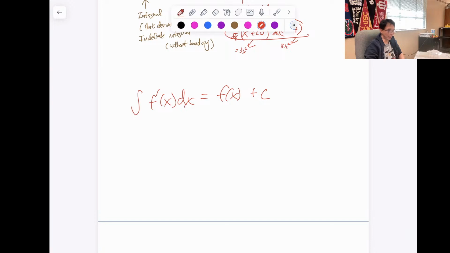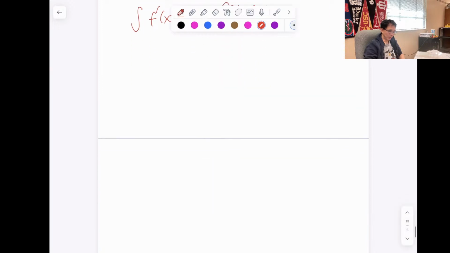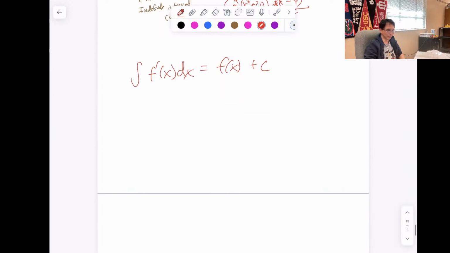Now, notation-wise, it can also be different. So this one is the integration of f prime of x equal to f of x. If I have the integration of capital F prime of x dx, that's going to be capital F of x plus c. Does that make sense? Just take away the prime. Every time you take an integral, you take away the prime.